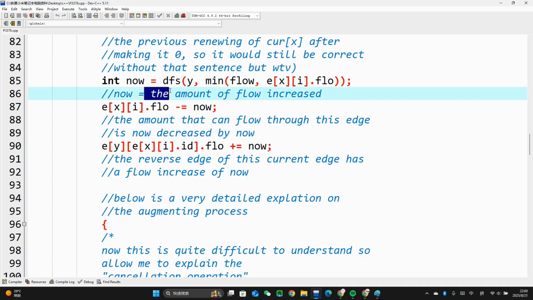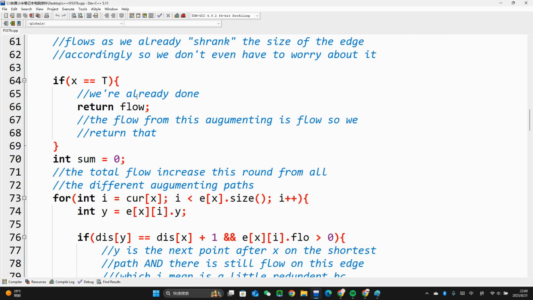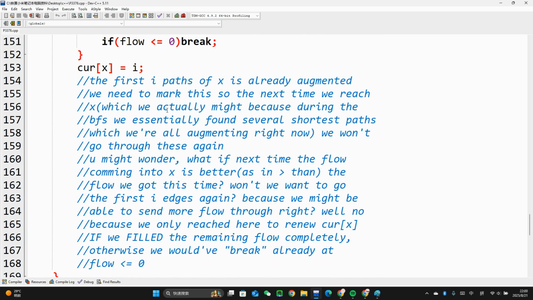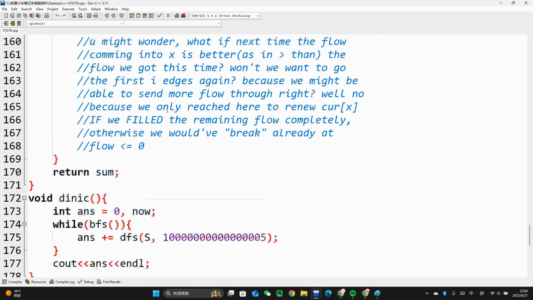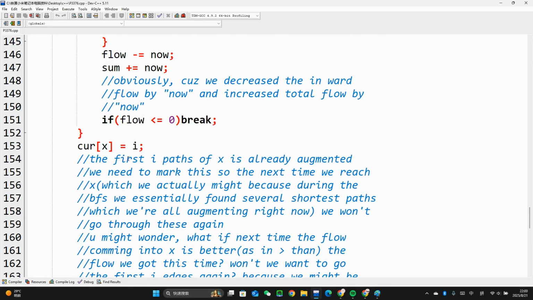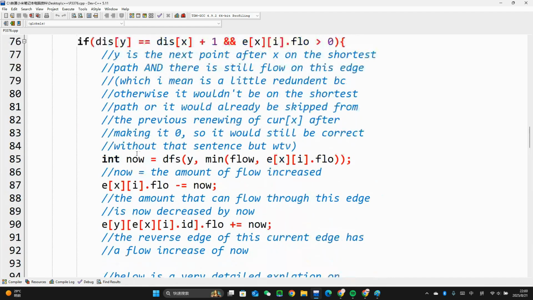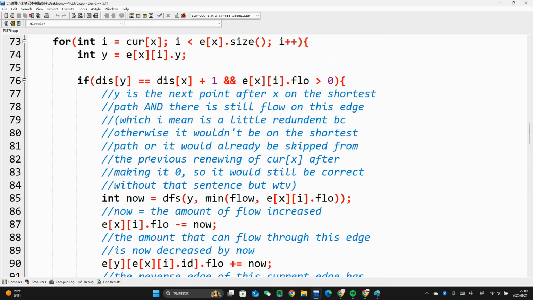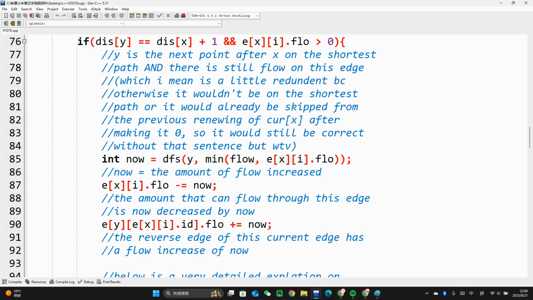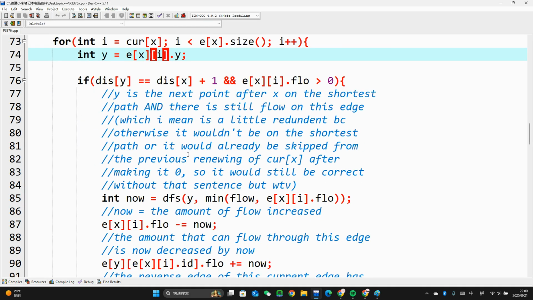Now is the amount of flow increased. Obviously, we do DFS again, and this thing will return the sum of all the increased flow on all augmenting paths starting from X. So we have to make sure that the flow we return is less than the flow that our sons and every other later point on the path from X to T can take.